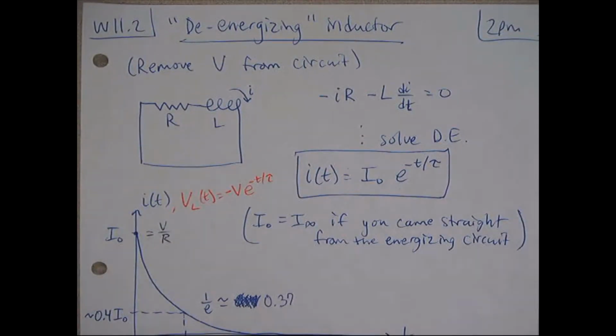You can take the same RL circuit, remove the battery, the voltage source, and reconnect the closed loop. A quick loop rule application gives you another separable first order differential equation, and its solution says that if we have current built up in the inductor, it's going to de-energize over time.